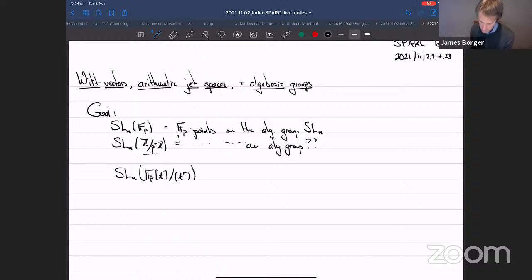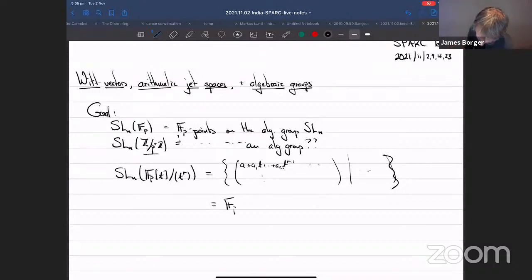Then this is also pretty obviously the set of F_p points on an algebraic group, because you just give labels, you have a coefficient for each power up to r minus 1, and so on, and then you write out the determinant condition, and that will define an algebraic variety. So this is indeed the set of F_p points on an algebraic group.